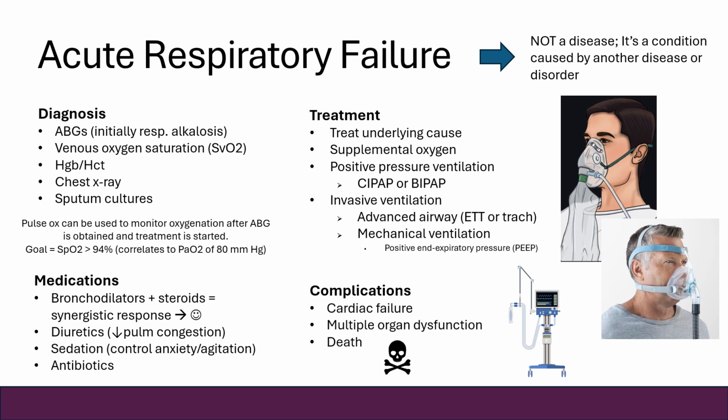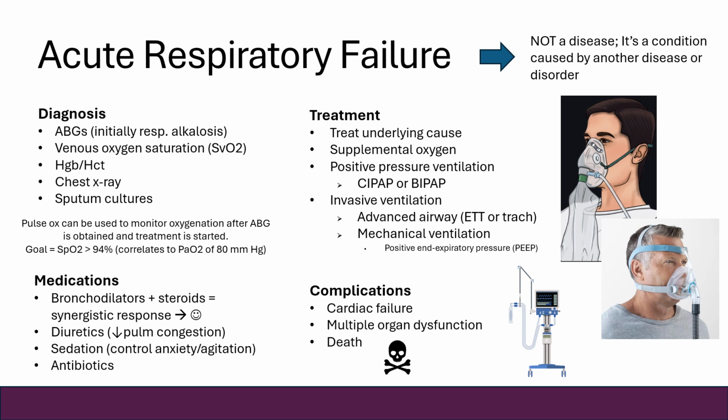They're going to start to have cold extremities. So we're not going to depend on that in acute respiratory failure. We want to get an ABG because that is going to tell us much more accurate information. But once we get the ABG and we know what their baseline O2 is, then that's what we're going to go by. Then we can use the SpO2 and try to keep above 94% or whatever the doctor's order says.